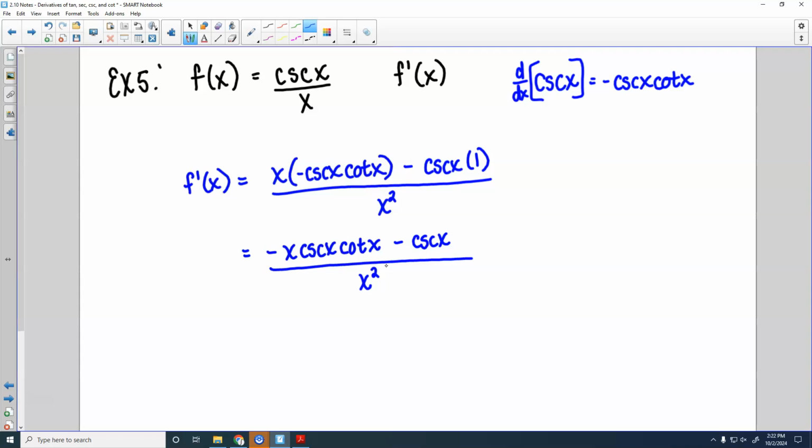One thing I think they probably would do on this is factor out a negative cosecant x like this, and that would give you a cotangent x plus 1 right here.